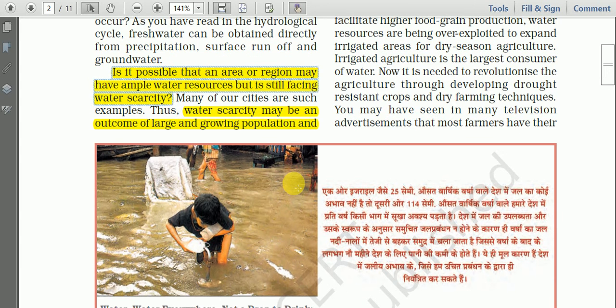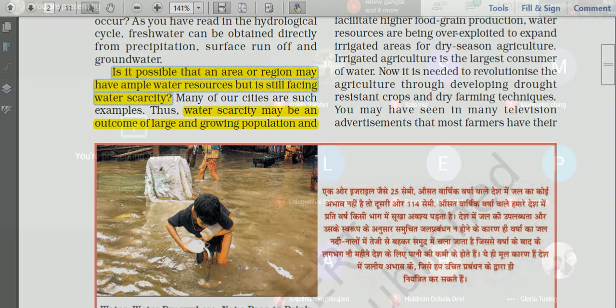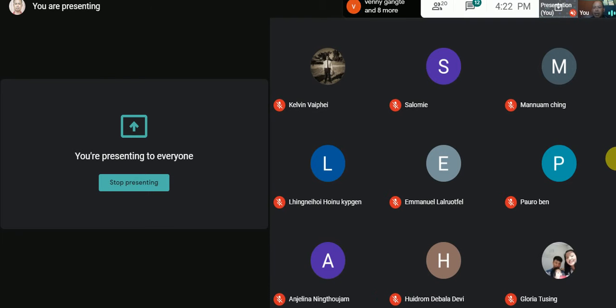Is it possible that an area or region may have ample water, meaning a lot of water, enough water resources, but still facing water scarcity? Can you give me some examples?